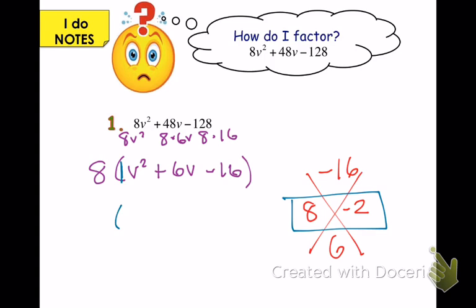I'm just going to write that out: v plus 8 and v minus 2. And one major thing: don't forget the GCF you originally factored out. So this is my final answer. Again, way easier than trying to multiply 8 times 128 and getting that ginormous number and then trying to factor that out. It's just not even worth it. So this is a lot faster. Always check for that GCF first. Let's go ahead and move on to the next problem.